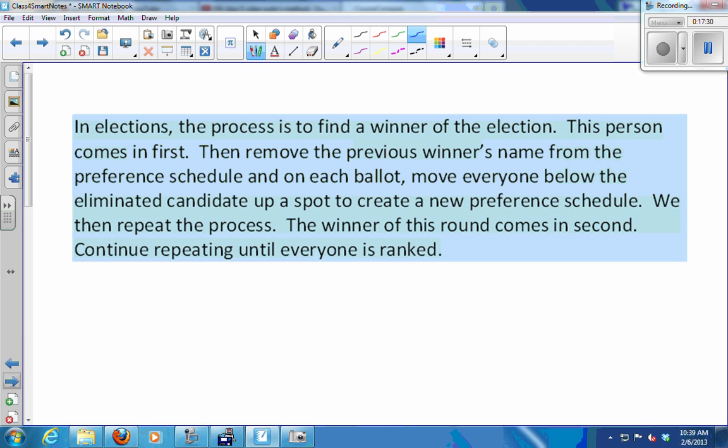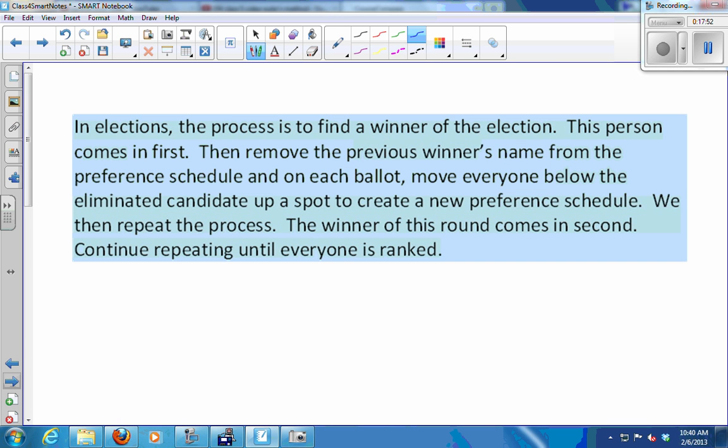Do the method, determine the winner, that person gets first place. Then you remove that person from the preference schedule. That person already got first place, take them out of the running, they get the first place trophy, right?